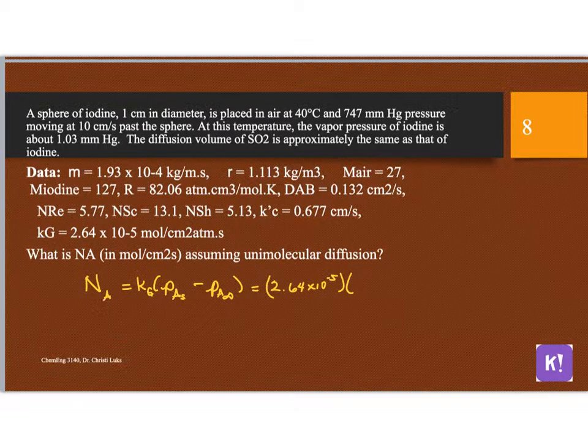My partial pressures, again, this is for component A, which is the iodine, 1.03 over 760 minus 0. The units on this were moles per centimeter squared, atmospheres, seconds. This is atmospheres. So my flux will be 3.57 times 10 to the minus 8 moles per centimeter squared per second.